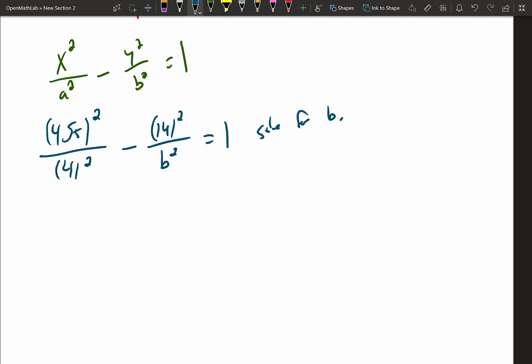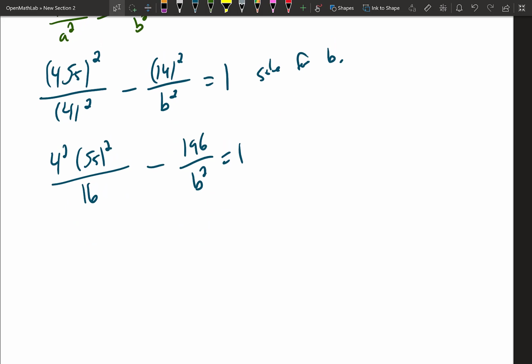So 4 radical 5 squared would be 4 squared and then radical 5 squared, using exponent rules. 4 squared is 16. We'd have minus, so 14 squared is 196 over b squared equals 1. So this 4 squared here, this is actually 16. So these end up canceling out. And then radical 5 squared is just 5. So what I end up with is 5 minus 196 over b squared equals 1.